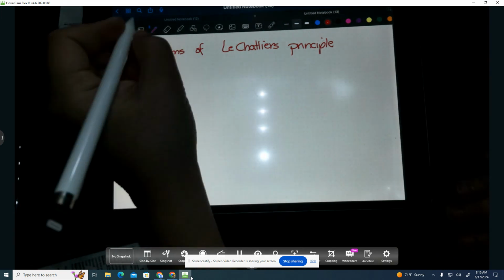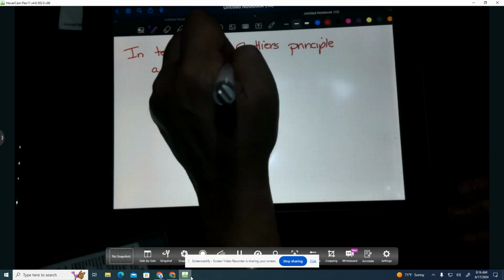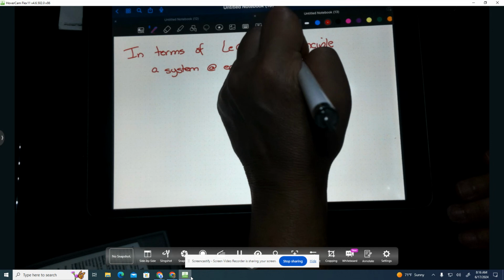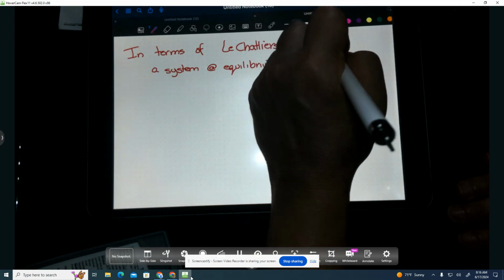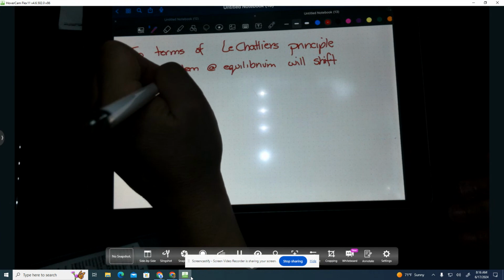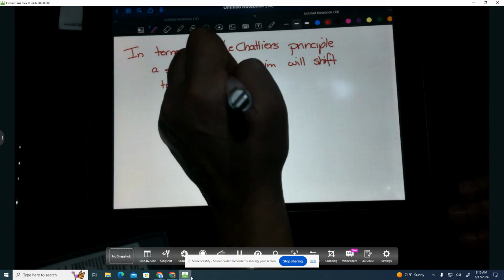Le Chatelier's principle says a system at equilibrium will shift, and by shift I mean shift to the left or shift to the right, to alleviate the stress.